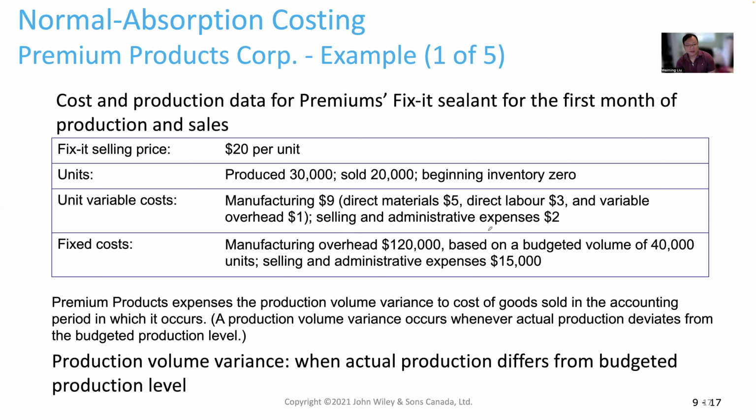Selling and administrative expense, that's also variable, is $2 per unit.